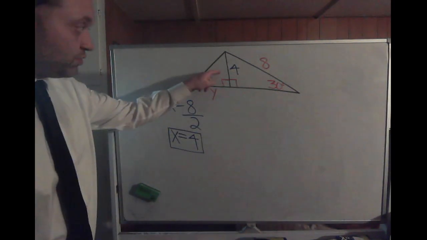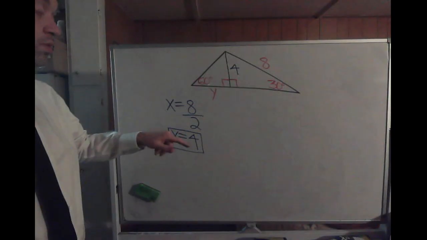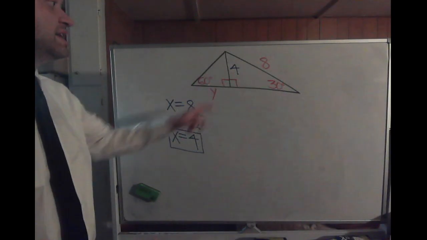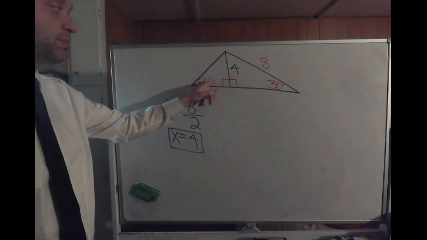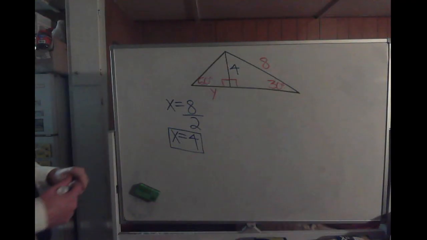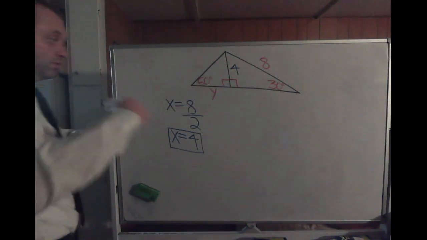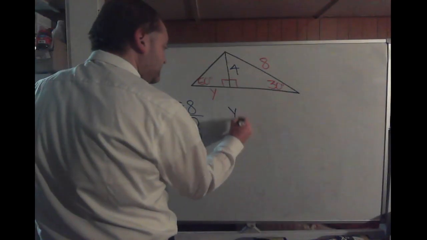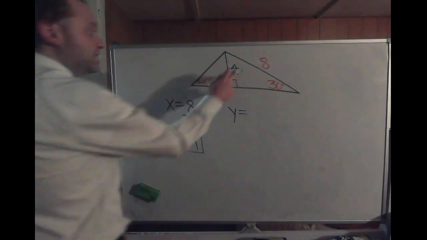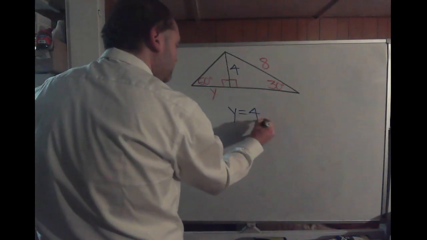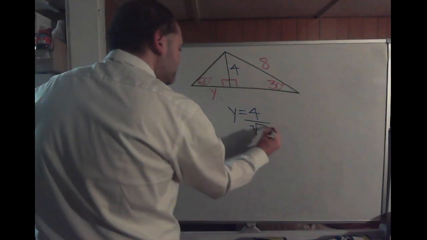Well, in this right triangle here, the smaller one, we notice that the length of the longer leg is 4 because it's across from the 60-degree angle, which means that the length of y would be your shorter leg. So always to find the length of your shorter leg y, you take the length of your longer leg, which would be 4, divide that by the square root of 3.